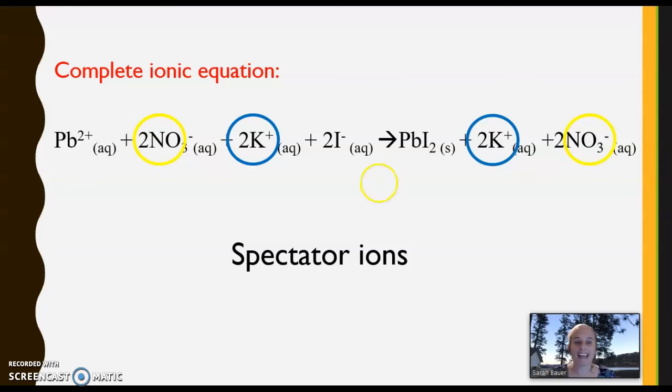So we can get rid of the spectator ions who technically are there, but they actually don't participate in the chemistry of the precipitate forming. They just helped bring those ions together, but they didn't actually play a part in the chemistry happening.